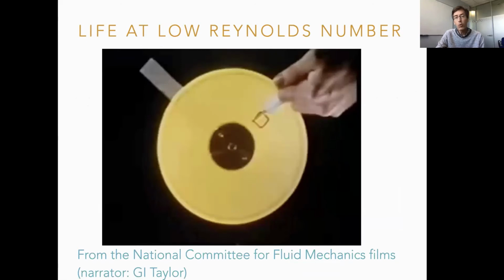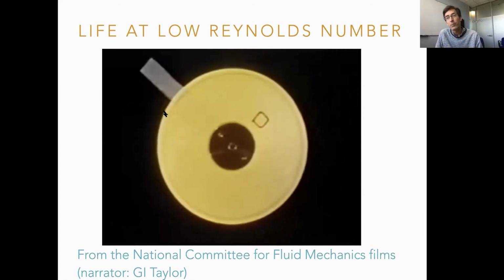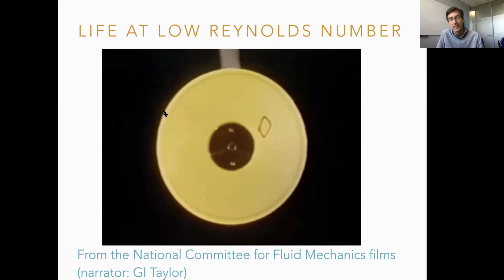And meanwhile, at low Reynolds number, I couldn't resist showing you this famous film, from a series of movies made a long, long time ago, the 50s or 60s, I forget, by the National Committee for Fluid Mechanics Films, looking at the behavior of fluids at very low Reynolds number. This fluid is stretched round the annulus.